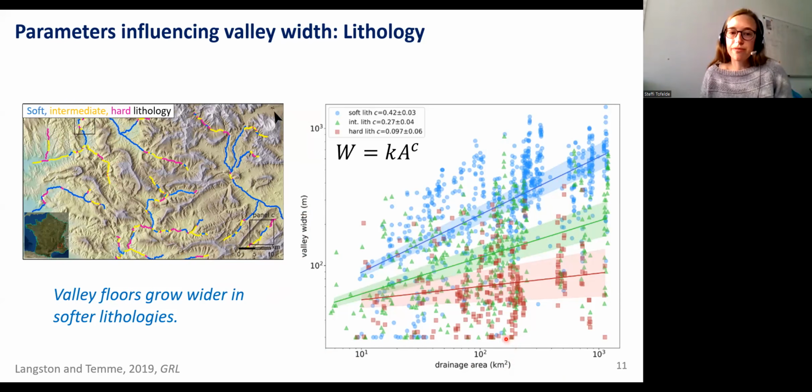So if we take a look at a given drainage area or a given discharge, it looks like, despite a lot of scatter that is still in the data, valleys generally grow wider in softer lithologies compared to harder lithologies. Okay, so water discharge and lithology or rock properties probably play a role.